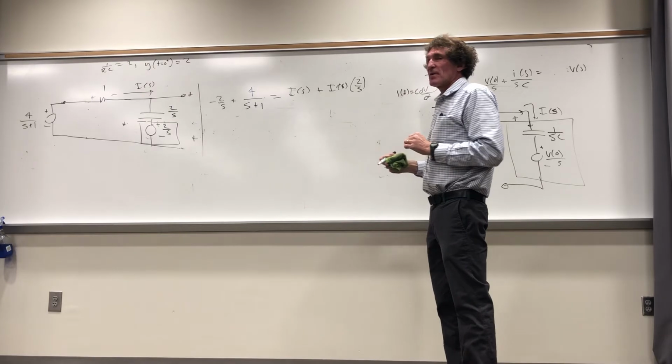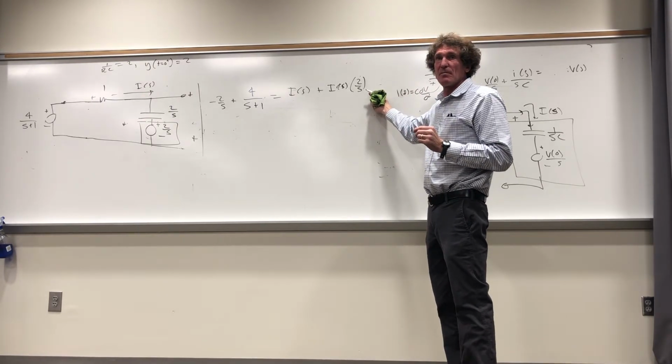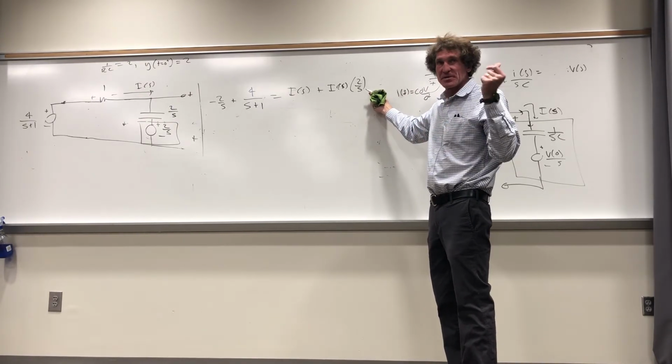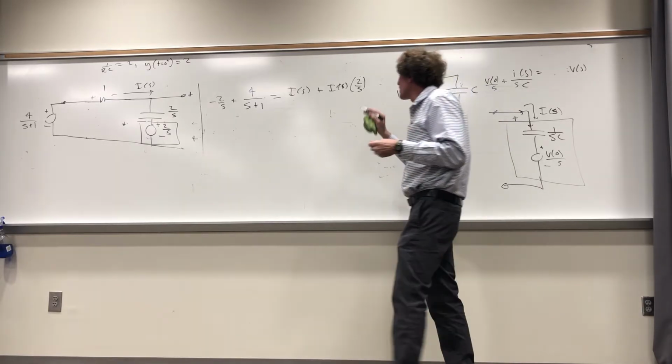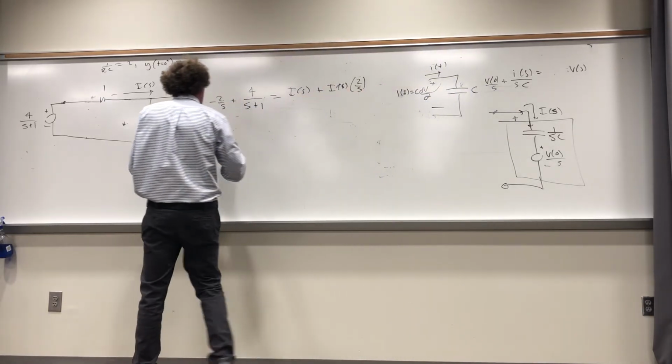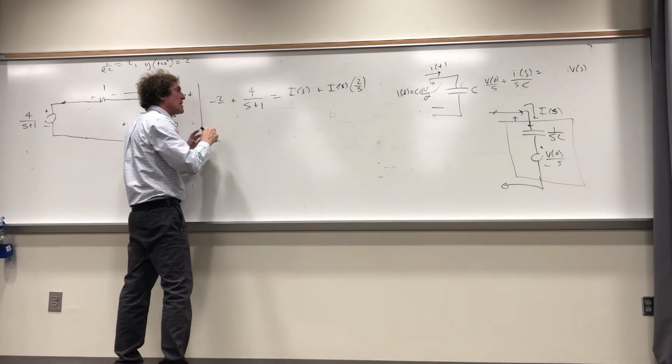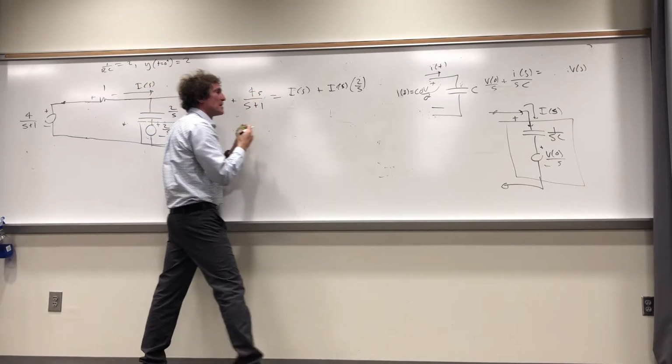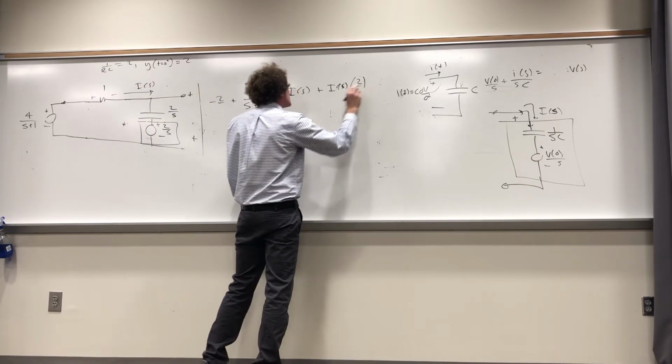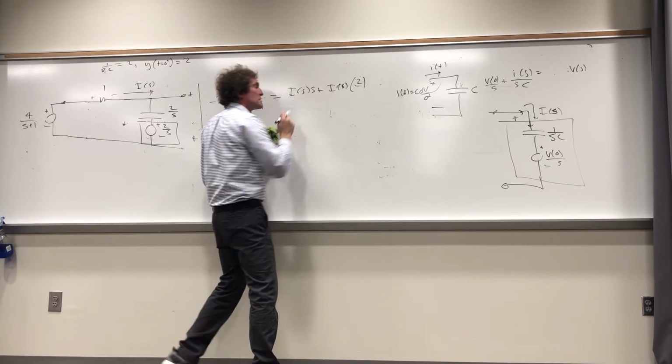Now typically whenever I see a 1 over S term appear, I multiply both sides by S instinctively, because I don't want a 1 over S anywhere. This gets rid of this S and puts an S here, and that gets rid of that S and puts an S here, doesn't it, class?